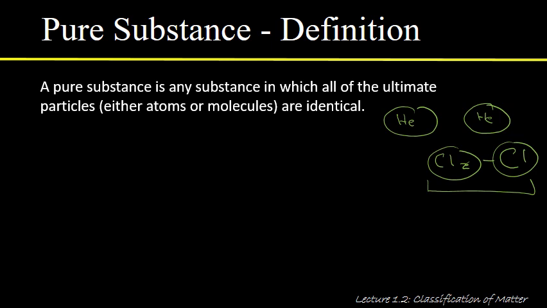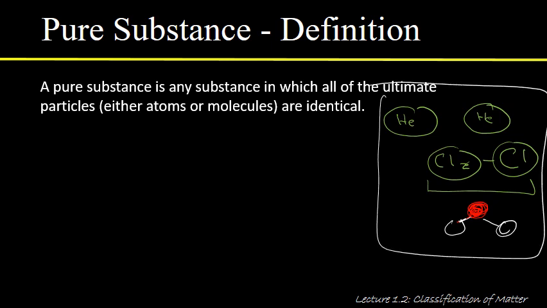If you have something like water, and again, the ultimate particles are molecules. Okay, so to determine if something is a pure substance, what we need to look at are these ultimate particles.